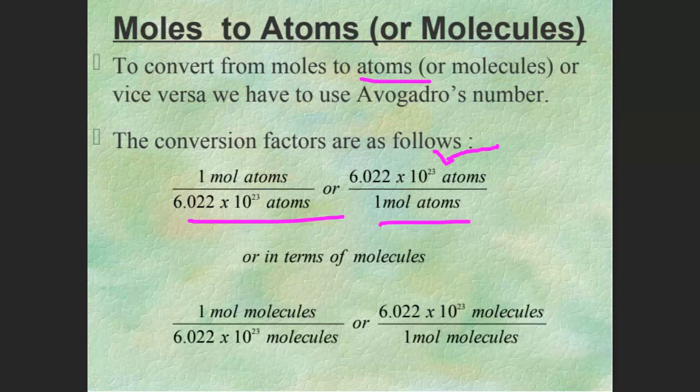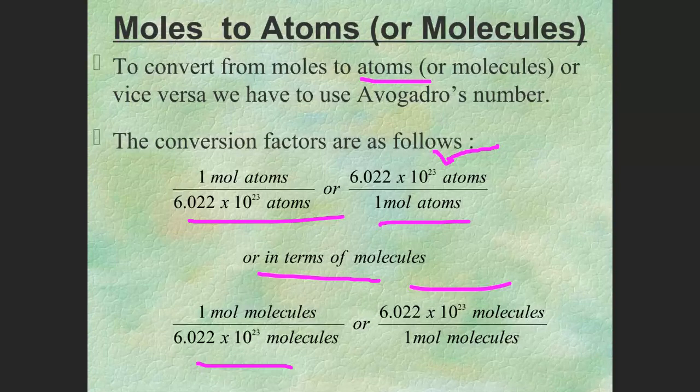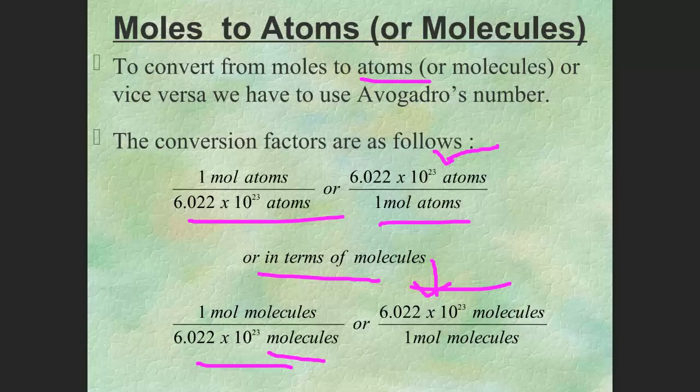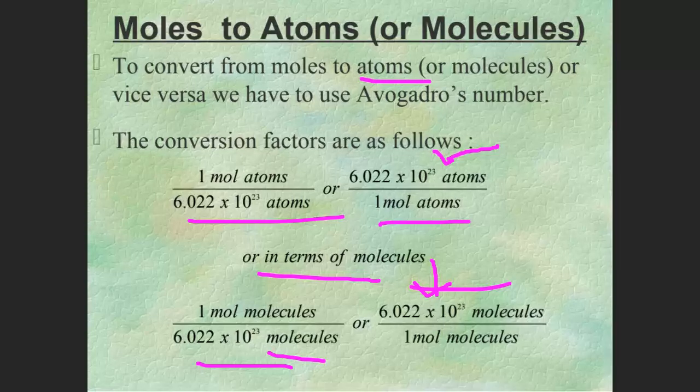So here what we have, we will write like that. 1 mole of molecules contains 6.022 times 10^23 molecules. So the situation is the same, the only difference is what you need to convert: moles or molecules, mole or atom. That's the thing.